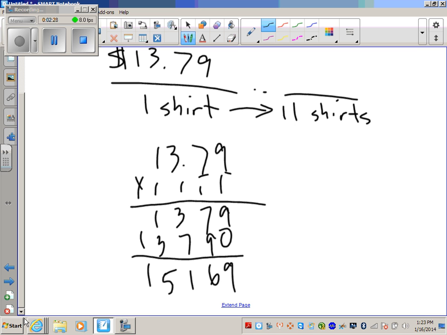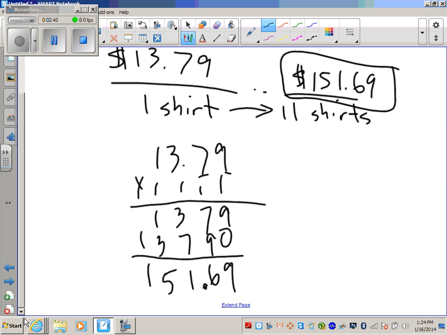How many decimal places? 2. So are you saying you had 15,000? So you went too many places.